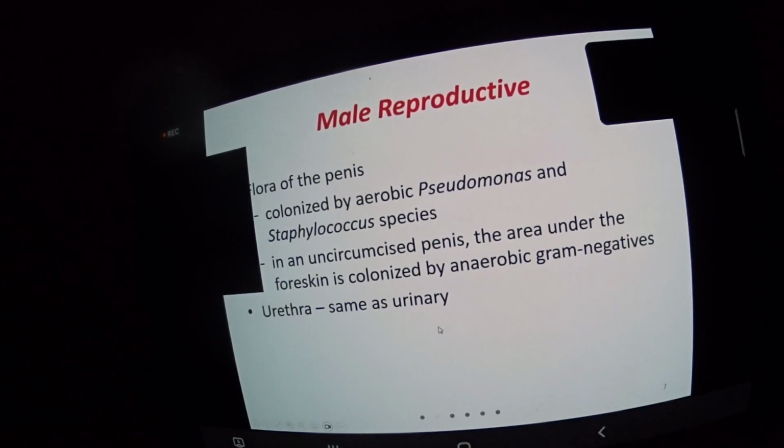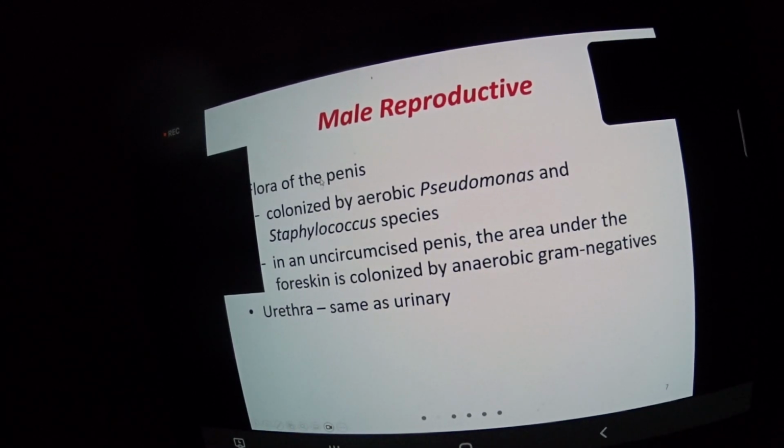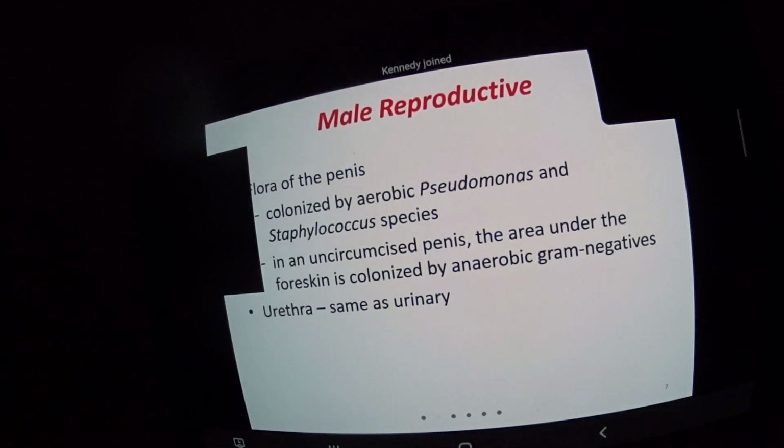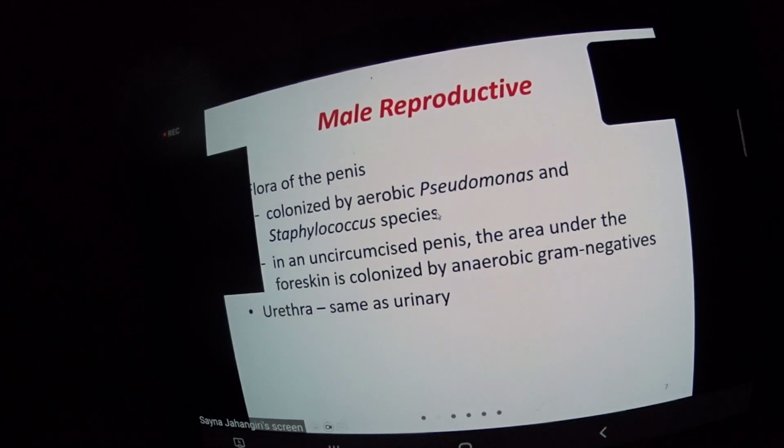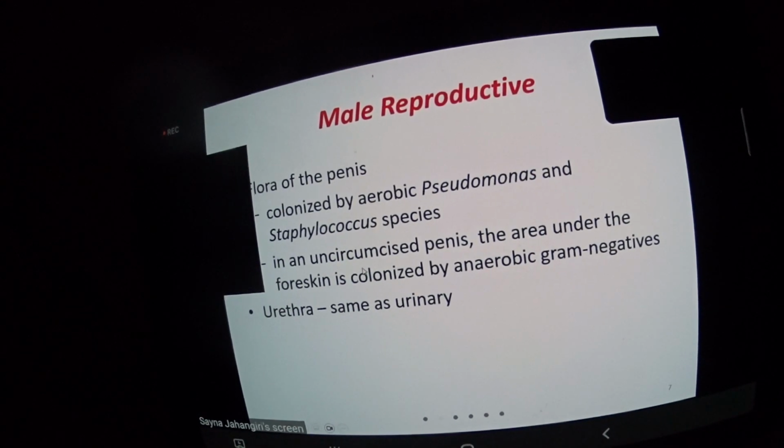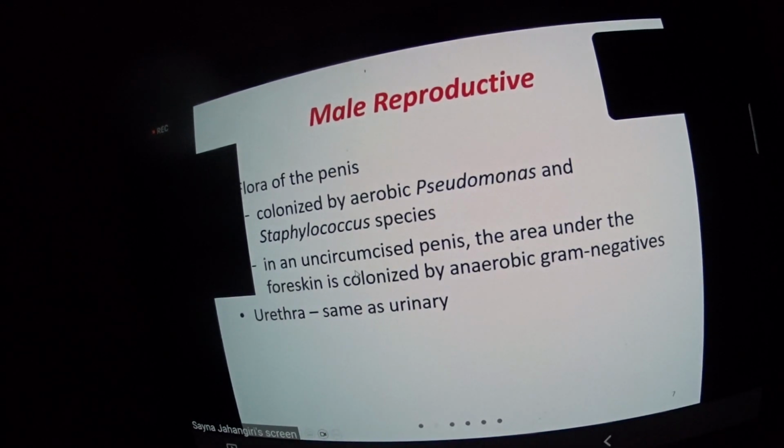As far as the flora, you only find it in the urethra. So the penis, again, is where the urethra is for males and also the site of ejaculation. You find flora not only on the surface of it, but also in the urethra. Here, there is a big difference between circumcised and uncircumcised males.